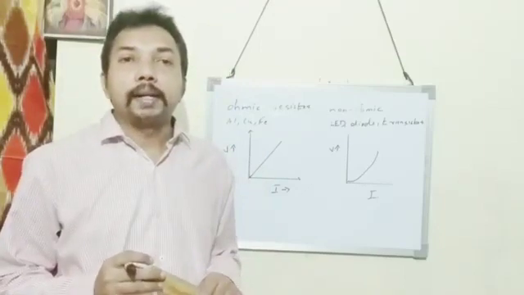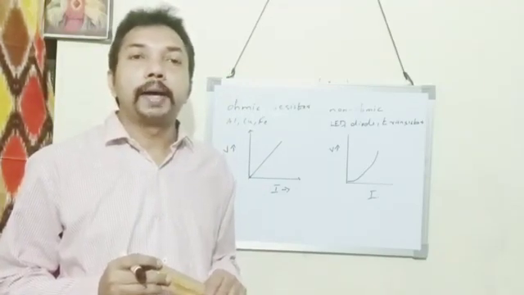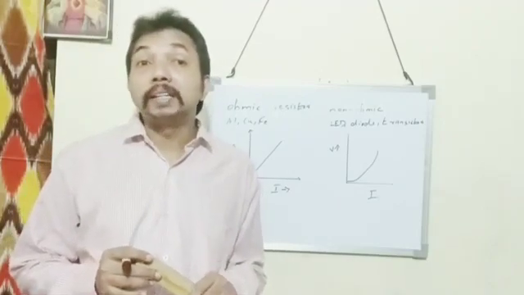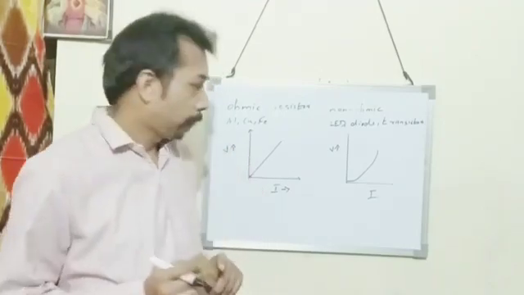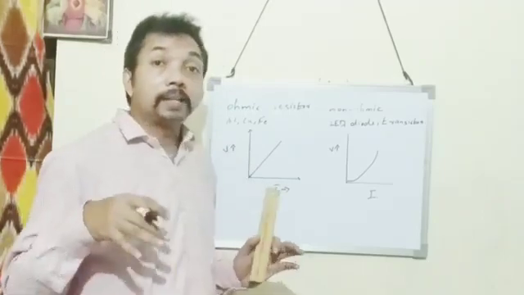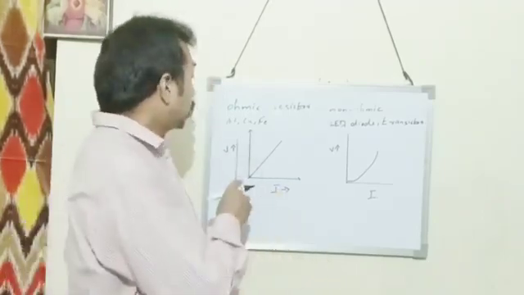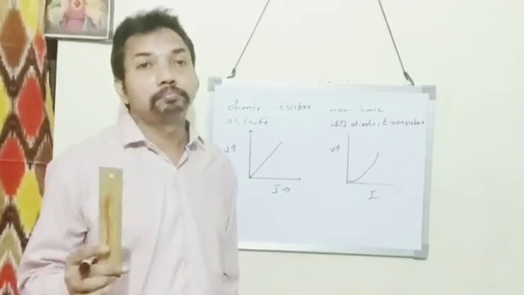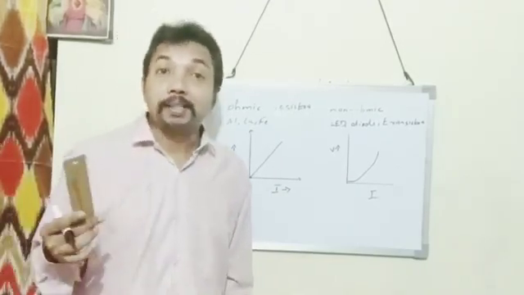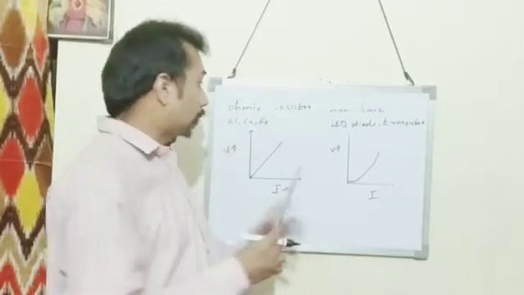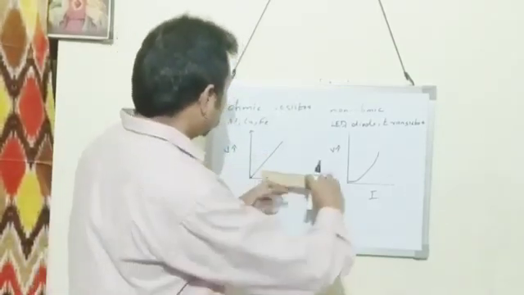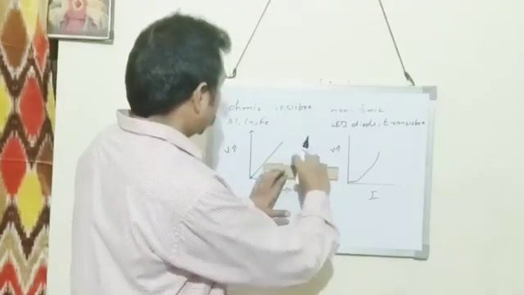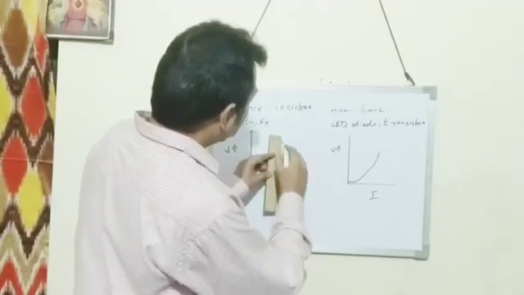From the potential difference versus current graph, we can find the resistance by finding its slope. For example, we find the slope of this part.